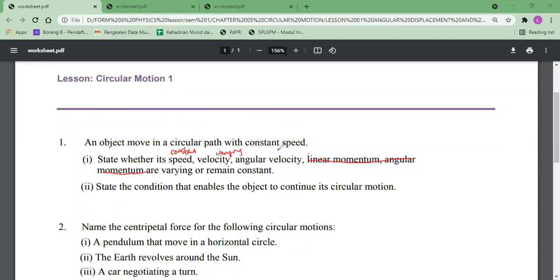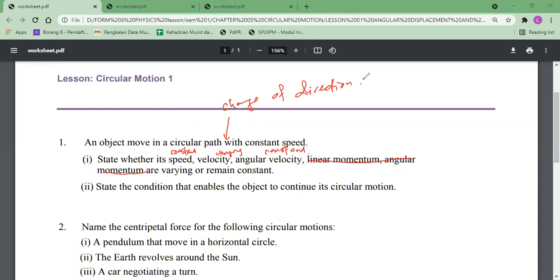Okay, angular velocity, how is it? So this one is constant. Angular velocity is constant, speed is constant, just the velocity will change. Why did it change? Because of change of direction.